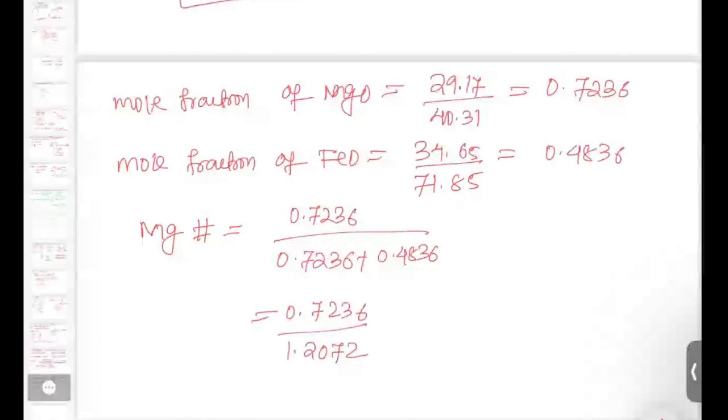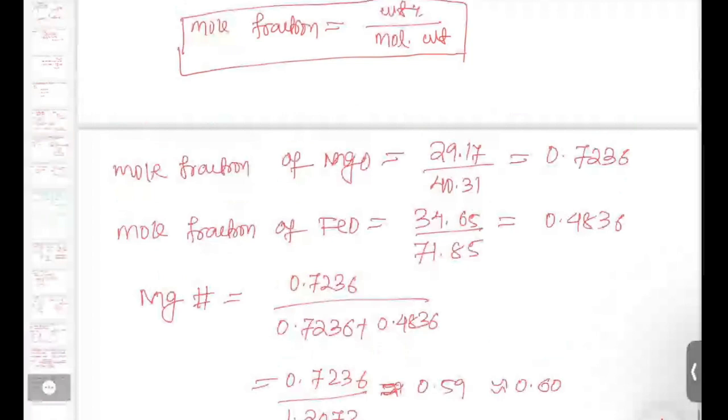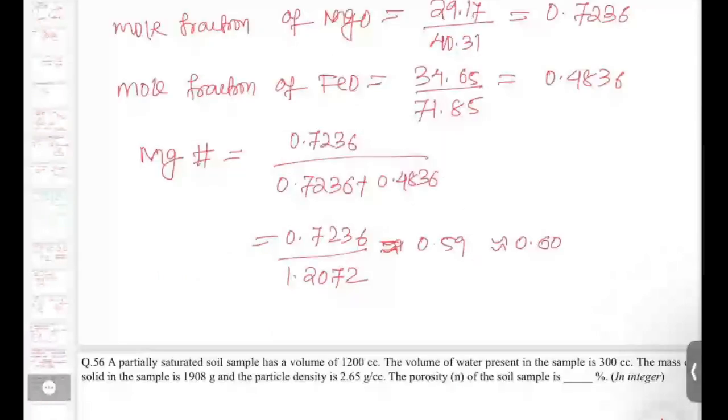And what is the net value? 0.7236 divided by 1.2072 should be equal to 0.59. You can also write it as 0.60. No problem. Have you understood? Yes, sir.